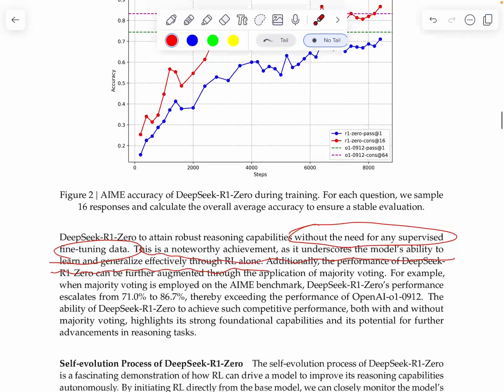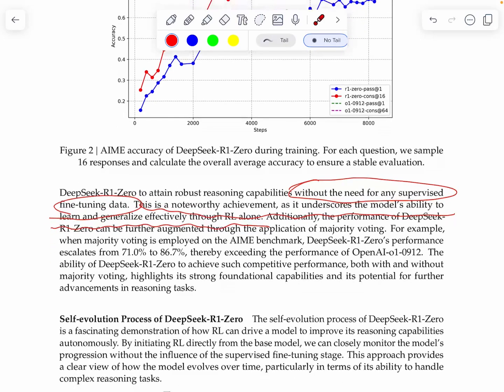Here it says that DeepSeek R1-Zero attains robust reasoning capabilities without the need for any supervised fine-tuning data. It purely relies on RL algorithms. This is something very new, and it underscores the model's ability to learn and generalize effectively through RL alone.